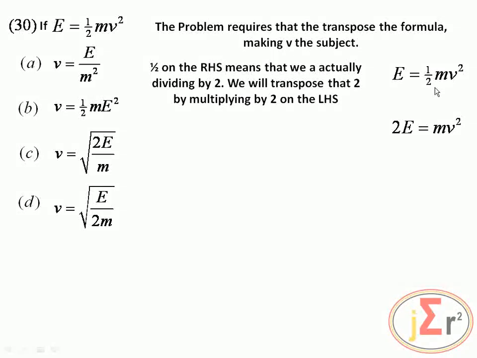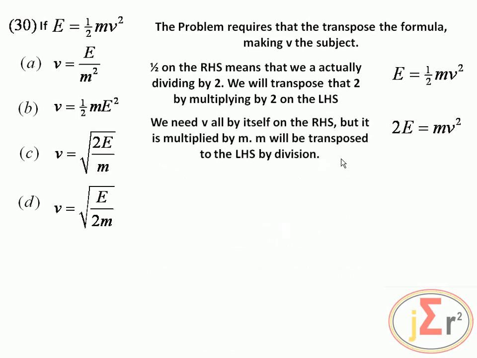Or we may say we will eliminate the 2 from this side where we have the V, because we need to eliminate everything from that side apart from the V. So we will eliminate this 2 by multiplying by 2 on both sides. By multiplying by 2 on both sides, the 2 will cancel, eliminating the 2 altogether from the right hand side. And of course, the left hand side being multiplied by 2 will be 2 times E.